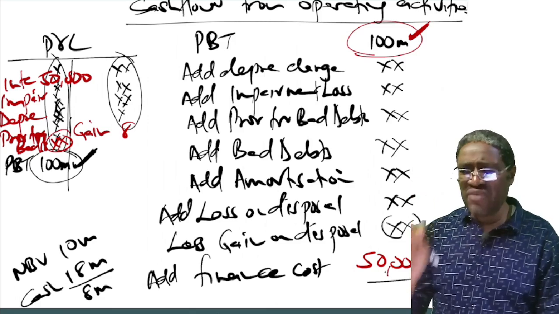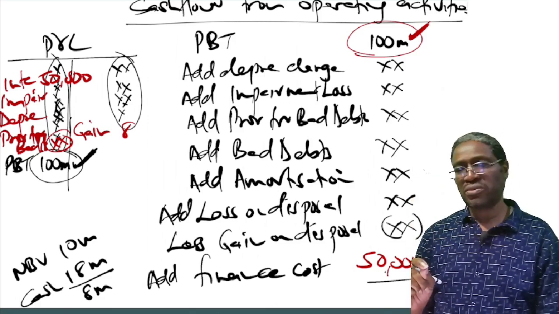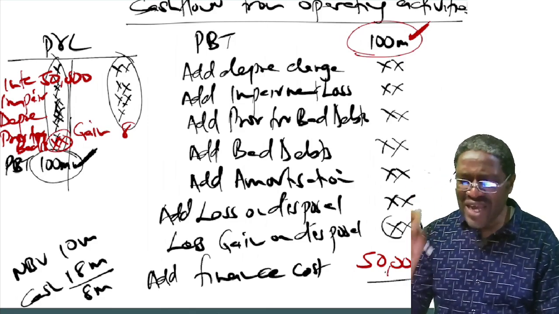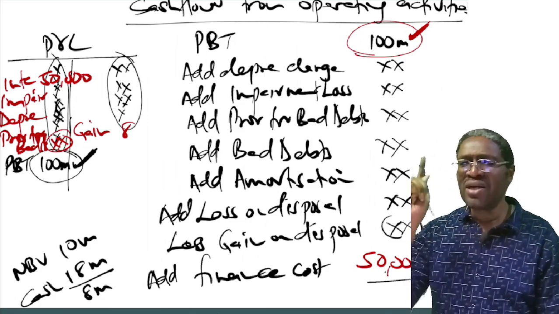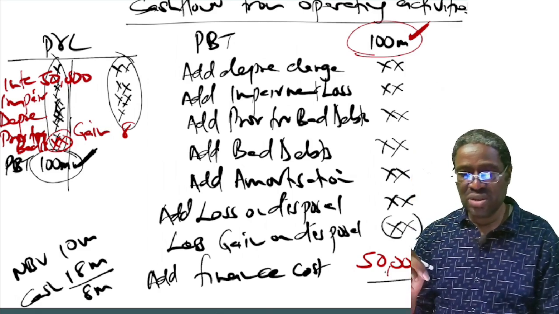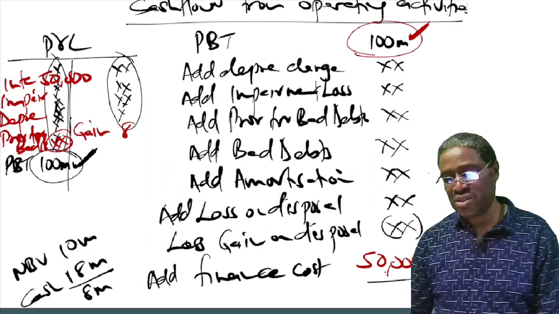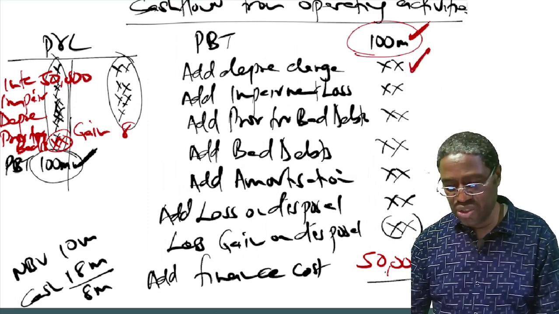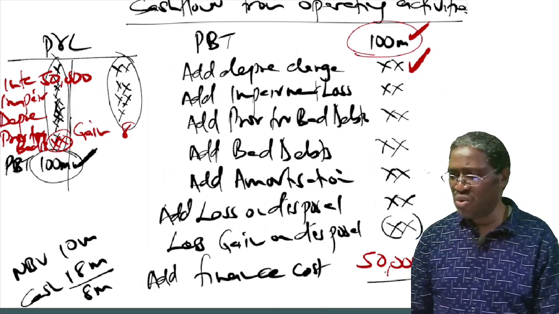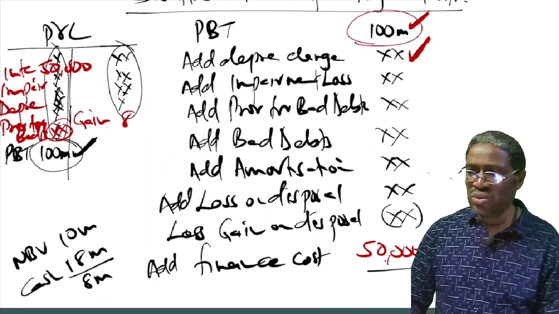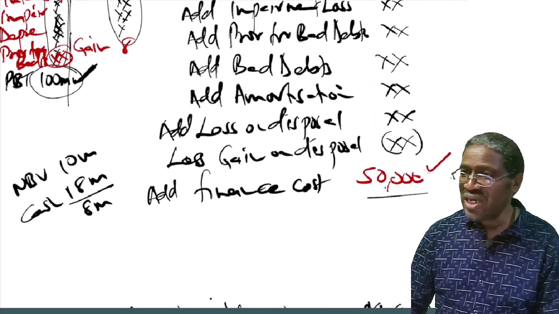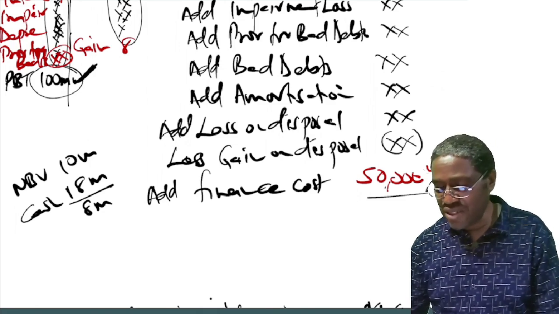Anytime you are given a question of cash flow, among the non-cash items, 2 will never miss. 1 is depreciation. The depreciation charge for the year will never miss in any question. 2, the other thing that will never miss in any question is that finance cost.